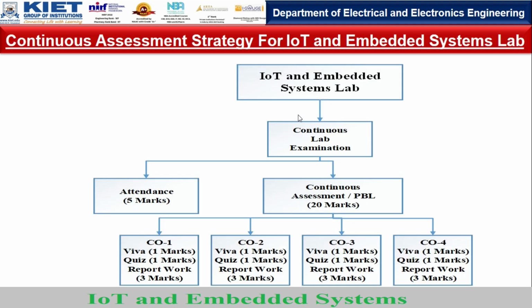This is the evaluation strategy for the lab. As you see, for continuous lab evaluation, attendance marks are 5, and continuous assessment based on project based learning is 20 marks. Every project in the lab is based on hardware, mainly hands-on experience with different experiments.